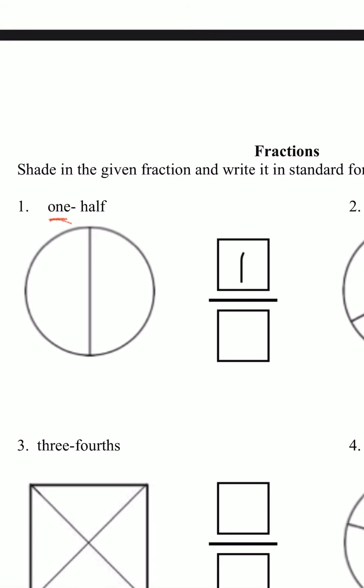So 1, and half means we're going to have 2 parts. So we write 1 over 2. So we're going to have to shade one part of the circle, because this means that we have 2 parts and one part is shaded.